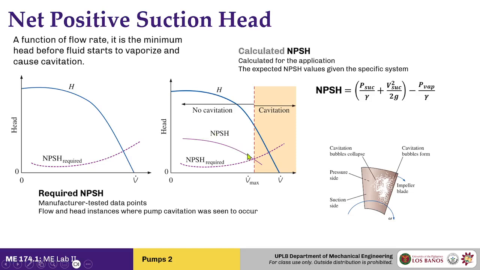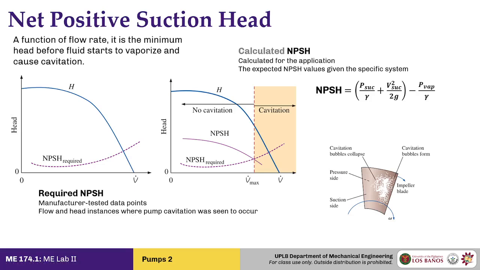However, if you operate too far with an increased flow rate, you might see that the required NPSH will exceed what the system can supply, essentially. And that will be a zone wherein your pump could be damaged because of cavitation.